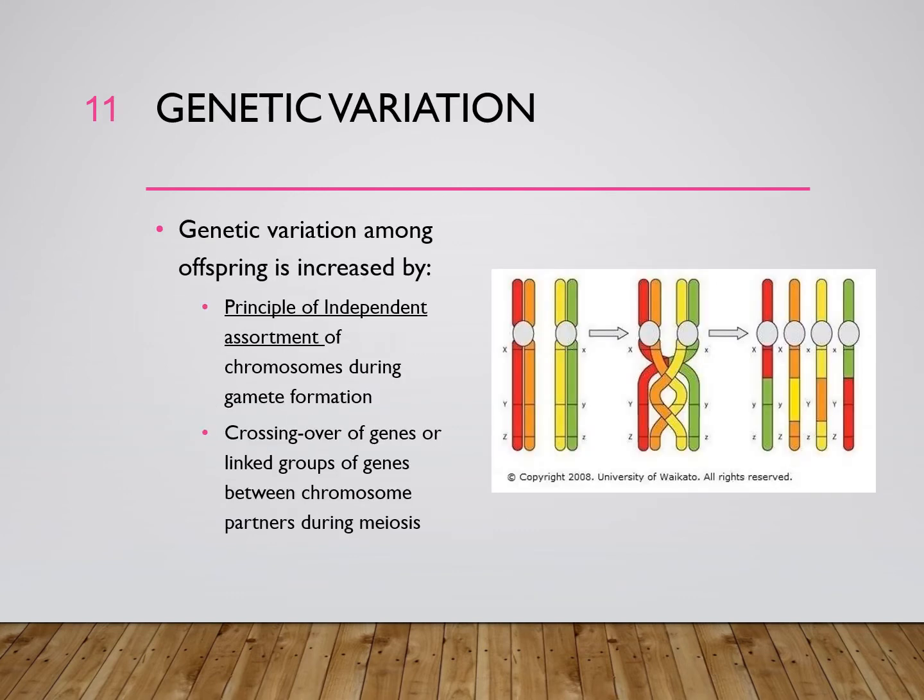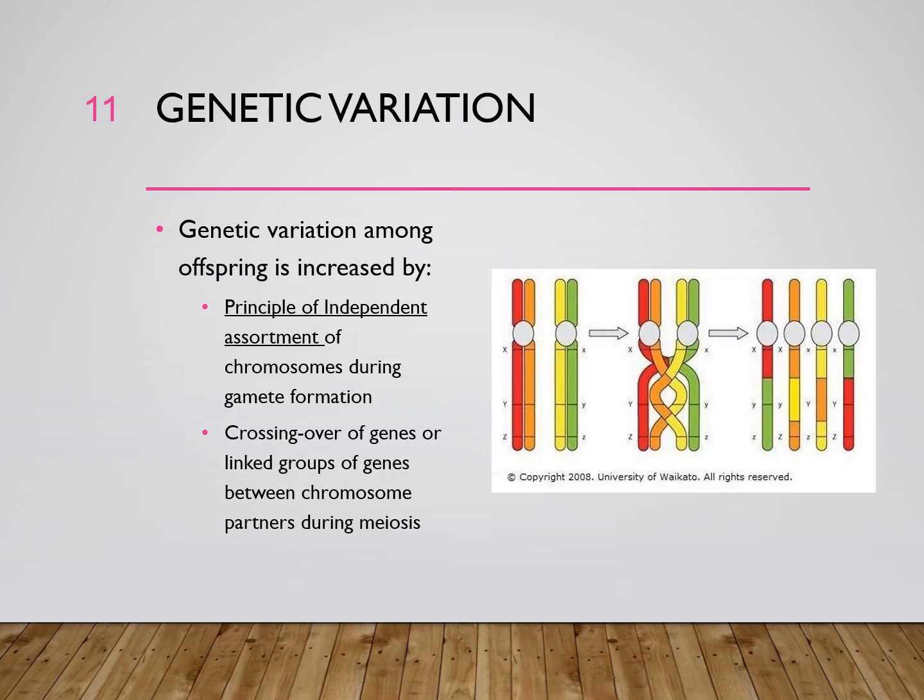So here we've circled back to genetic variation, as I promised, and this genetic variation is an amazing thing that happens when we make sex cells. So what happens is when these sex cells go through meiosis, the chromosomes are going to shake themselves all up and redistribute themselves in a new and amazing combination.